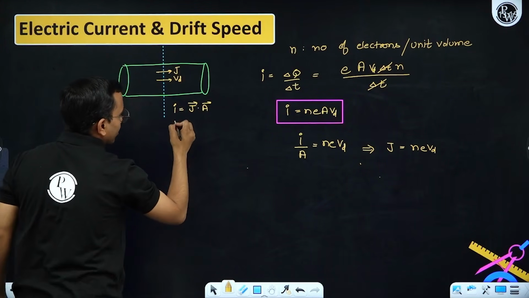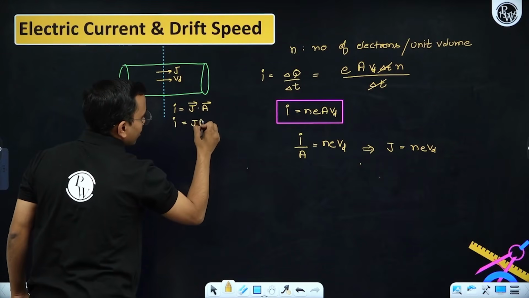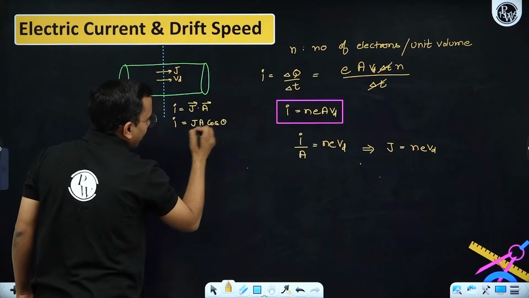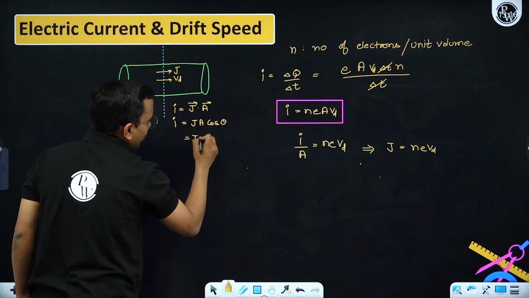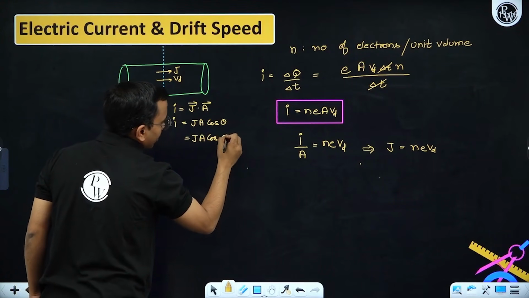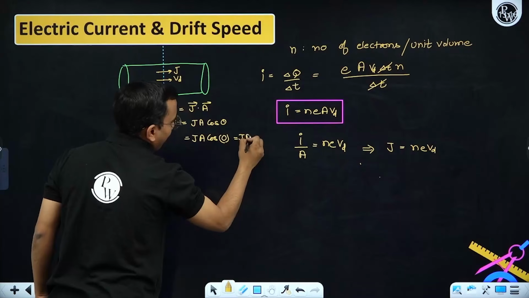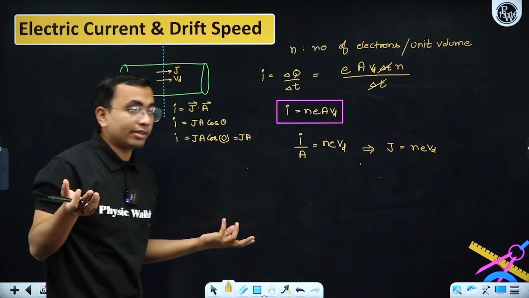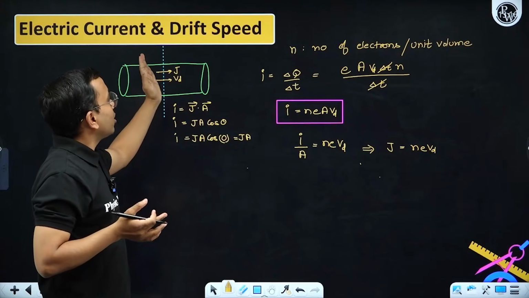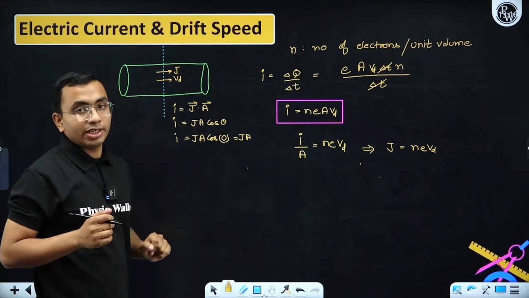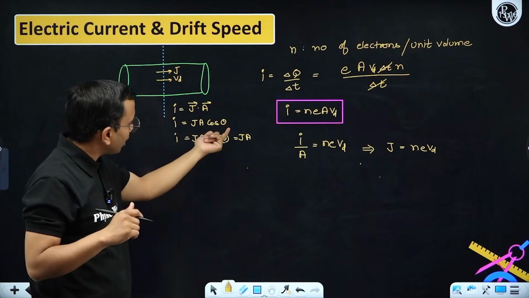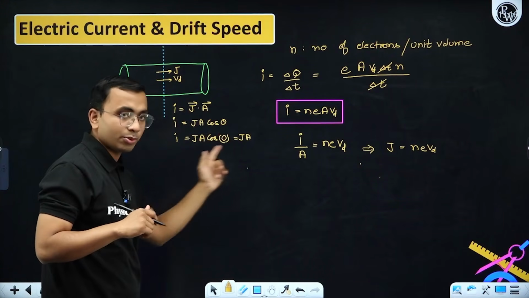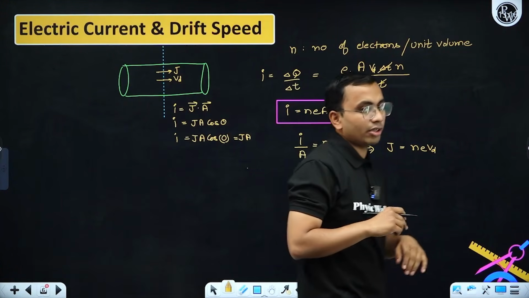That is JA cos theta, and in this particular case JA cos 0, that is my J into A. But if there is some angle between the area vector and J, then you need to consider that particular theta also. So that relation will come accordingly from here.